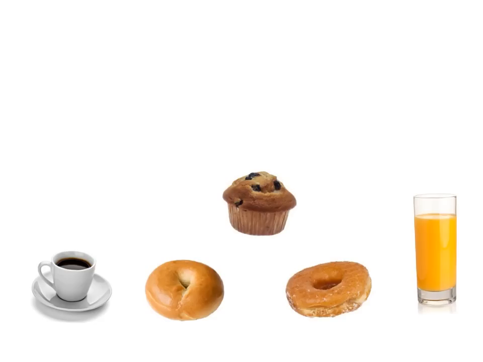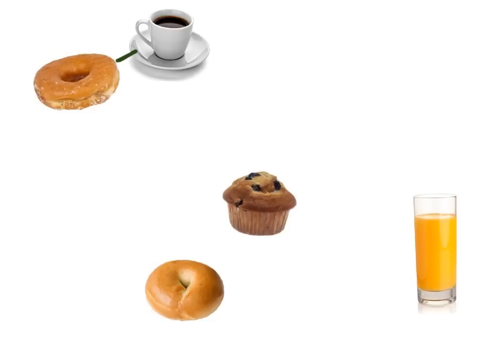Okay, now one way to figure this out would be to make a tree diagram, and you can do this by writing the words, or I'm going to do it with the pictures, but we could make a diagram of all the combinations that we could have. For example, if I bought a donut, I could have a coffee with it, or I could have juice.